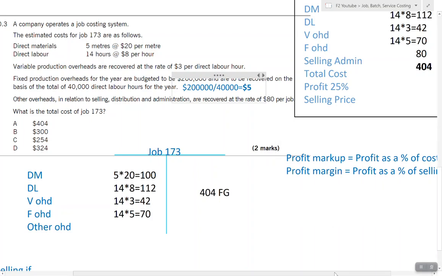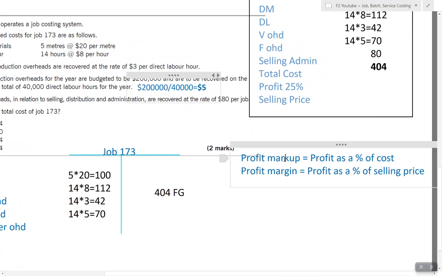There are two ways profit is added to the cost of a product. One is profit markup, one is profit margin. Profit markup is profit as a percentage of cost. So when you say, whatever the cost of a product is, I will earn 25% on that cost, that is called markup.